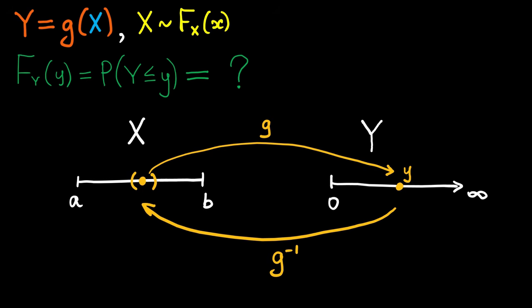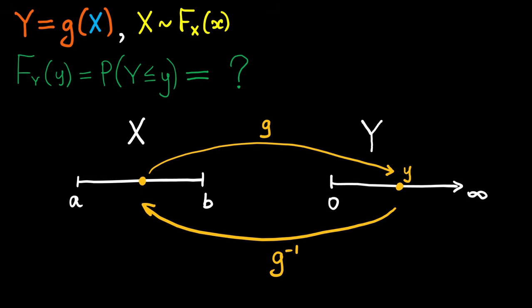In fact, we've seen that to be the case when the function g was not one-to-one. If the function g is one-to-one, then the preimage of any value lowercase y in the support of the random variable y will be single valued. In other words, it'll be just a value and not a set.